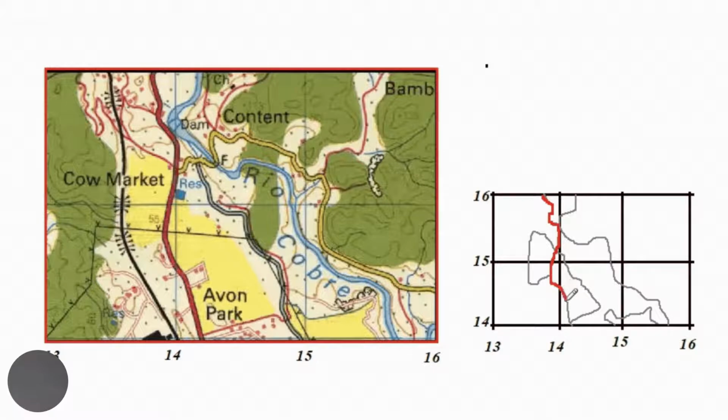We are going to use red to show the main road. We are going to use blue to show the river.